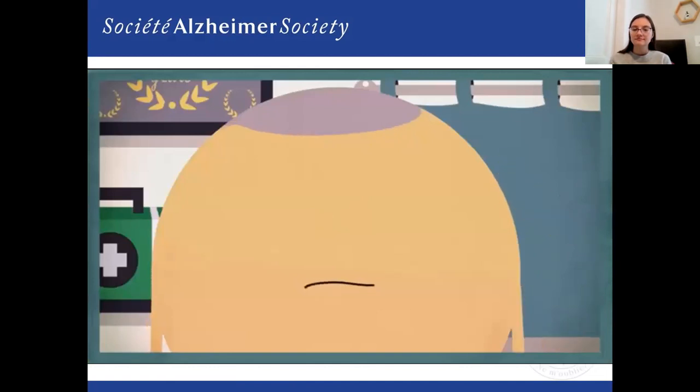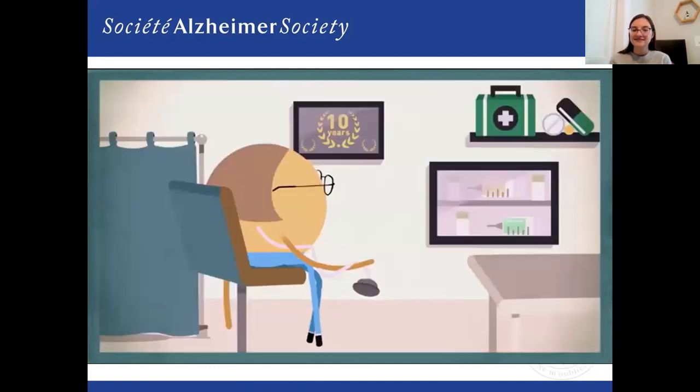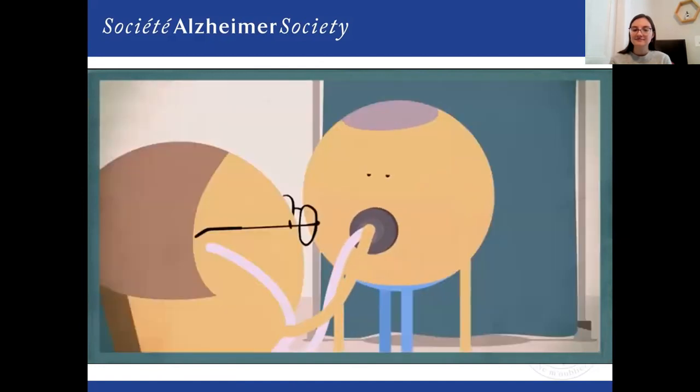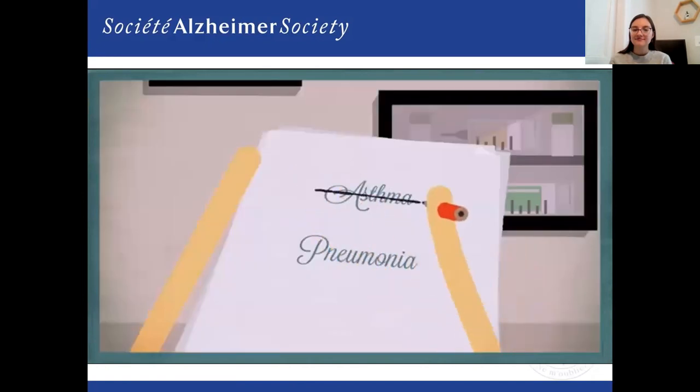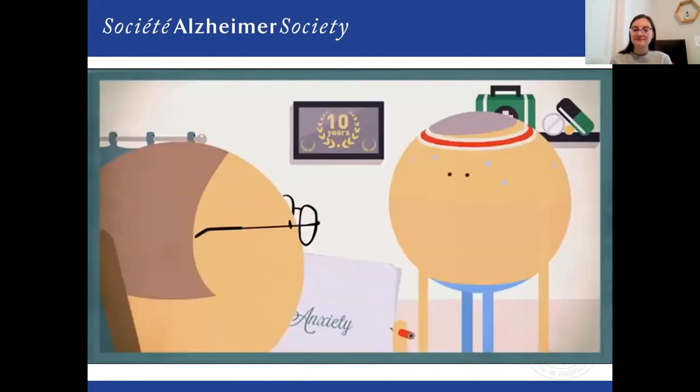Still sound a bit confusing? Okay, think of it like this. You go to your doctor with shortness of breath. To find the cause, she listens to your chest to see if it's due to asthma or pneumonia. And then she checks your heart to see if your breathlessness is caused by heart failure or a very rapid heartbeat. She even asks if you've been worried in case your breathing difficulty is anxiety related.